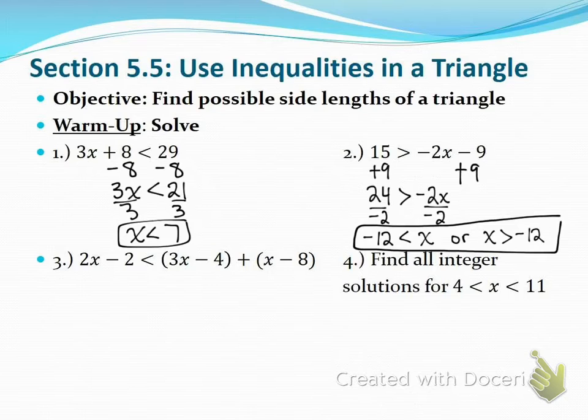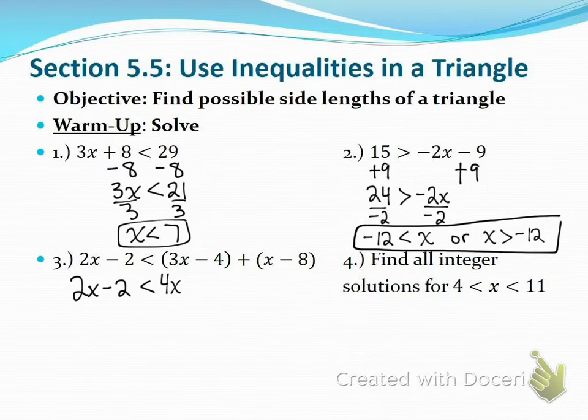All right, on number 3, what is the first thing we need to try to do? Okay, simplify by combining like terms on the right side. So 2x minus 2 can just stay the same. They put parentheses, but there's really nothing to distribute, so we can go ahead and ignore those parentheses. Take 3x plus x, we would get 4x.